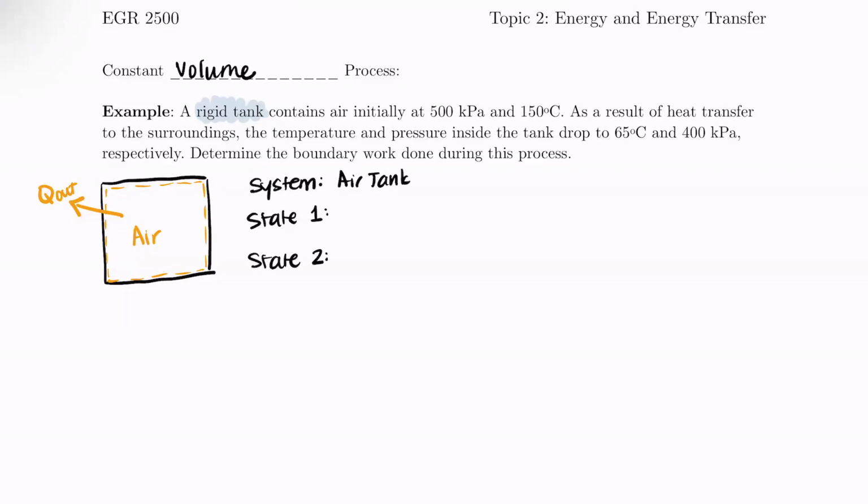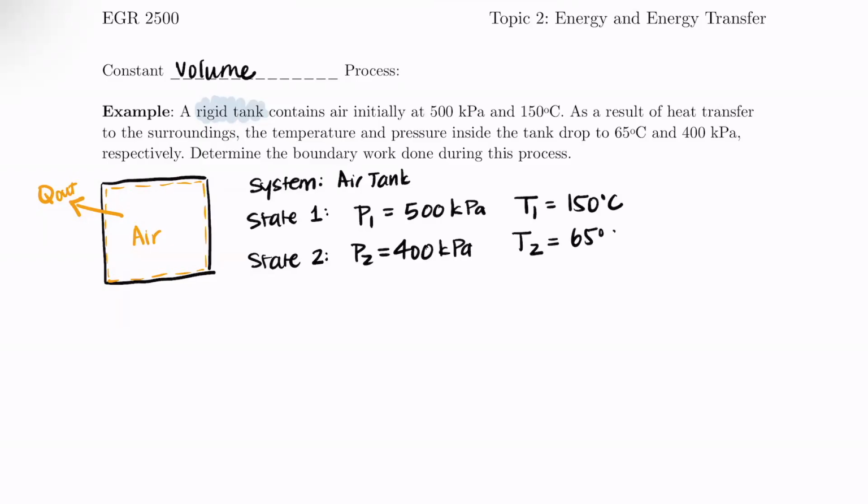So our initial state, state 1, is that our pressure P1 is 500 kPa and T1 is 150 degrees C. And then state 2 is P2 of 400 kPa and T2 is 65 degrees C. We want to find WB, right?